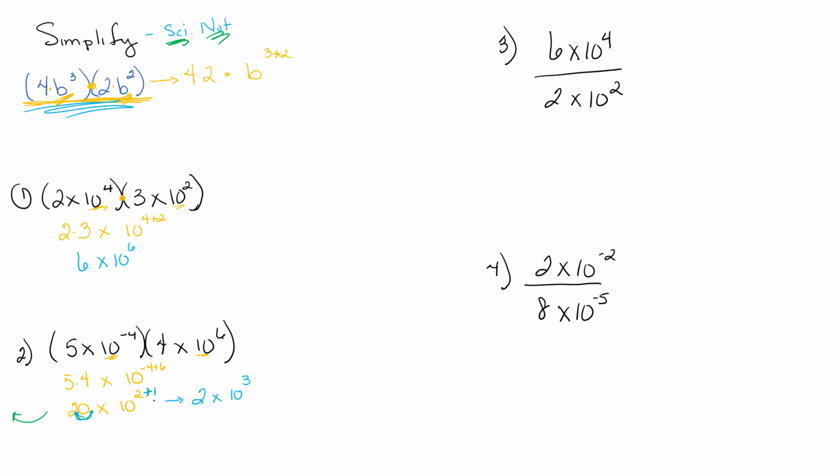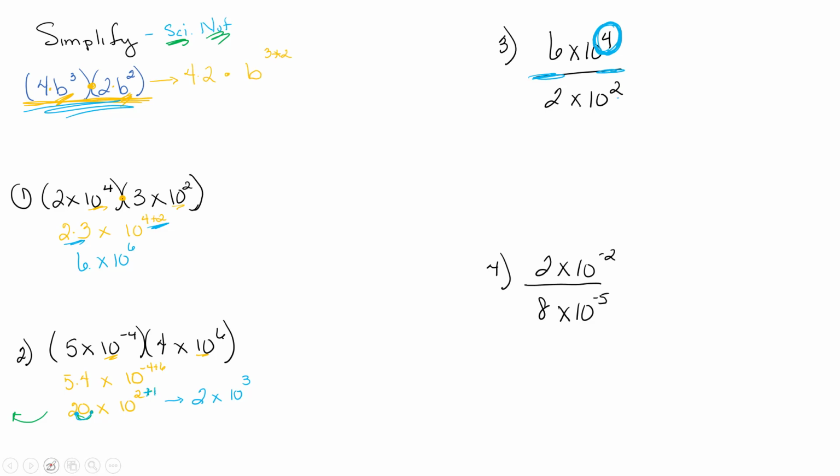Number 3 is basically the same as 1 and 2, except instead of multiplying my two numbers, I get to, you're right, divide the two numbers. And instead of adding my two powers, in this case, since they're divided, I get to subtract. And by the way, in scientific notation, you always take the numerator minus the denominator. Always.